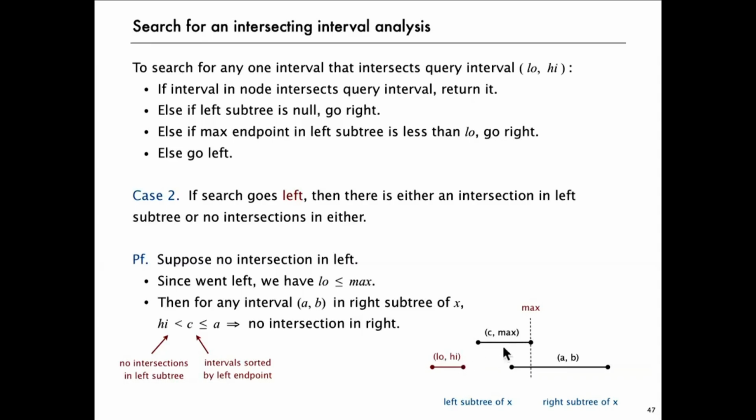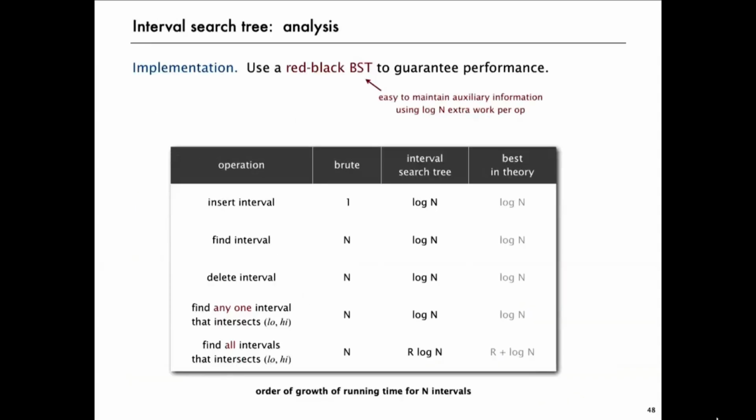And that means that C has got to be less than A if A is in the right, so therefore there can't be any intersection in the right either. No intersection in the left means no intersections at all. So those two cases are enough to show that this algorithm finds an intersection if there is one.